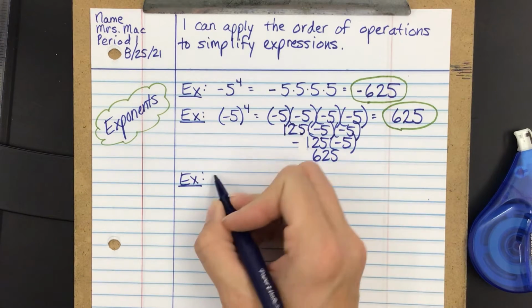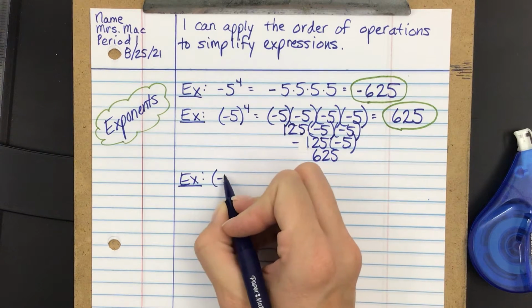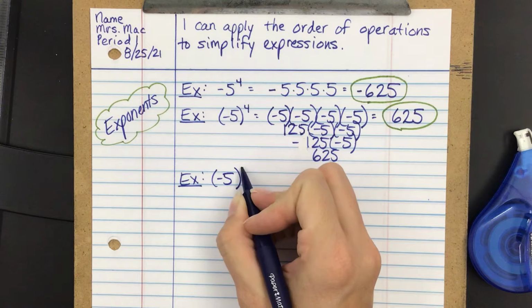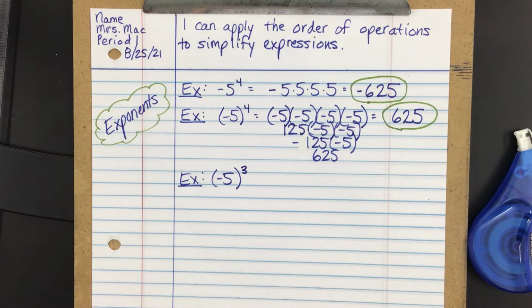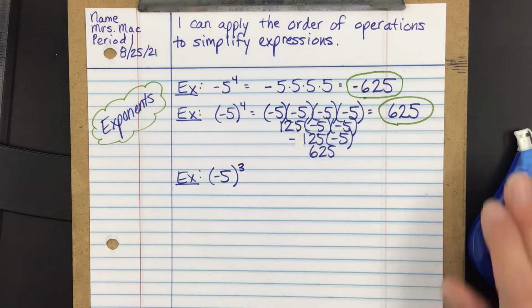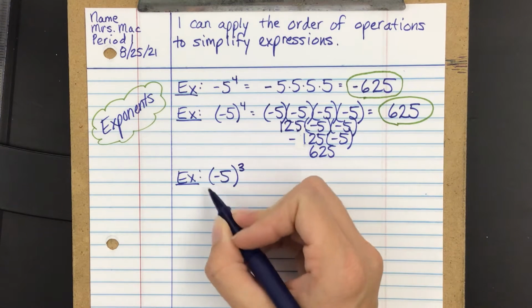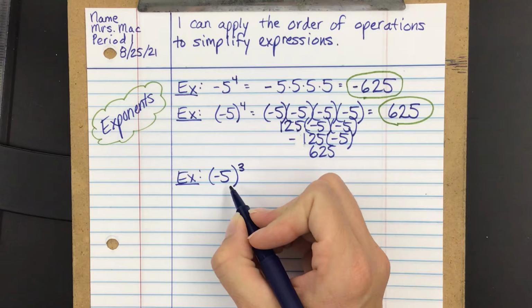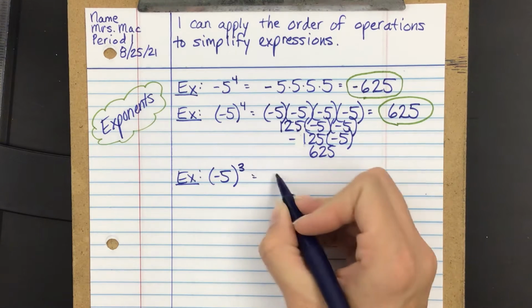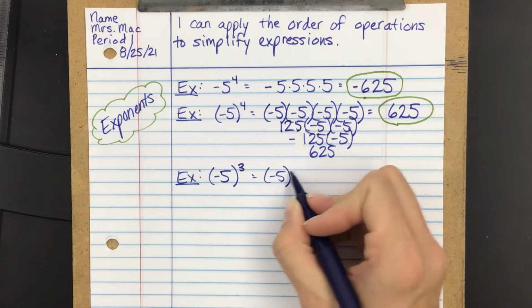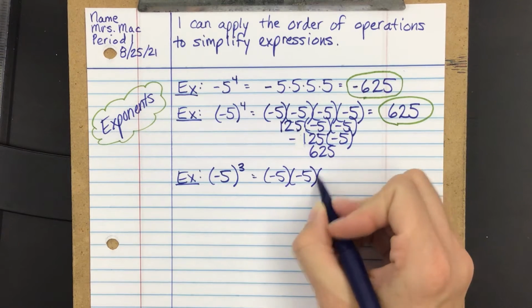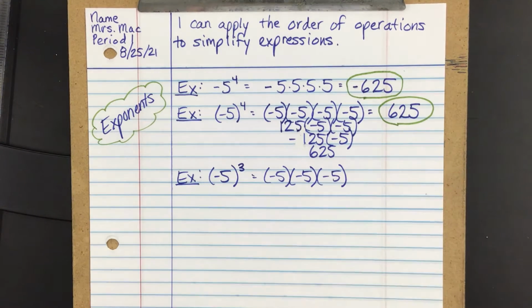Okay, so let's do that same thing, negative 5 in parentheses, but this time to the 3rd power. So what that looks like is, since it's in parentheses, it's the whole thing, negative 5, you're repeatedly multiplying. So this will be negative 5 times negative 5 times negative 5.